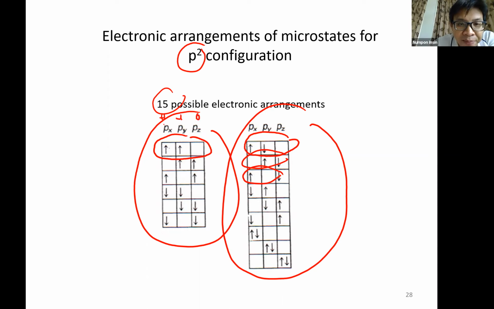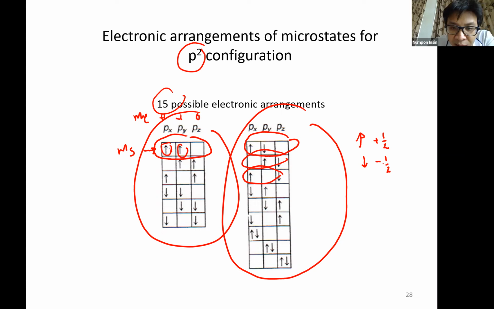These are the ML values. And for the MS values, these are +half, +half, and +half. In this case, I assign spin up as +half and spin down as -half. So these are the values of the ML and MS.